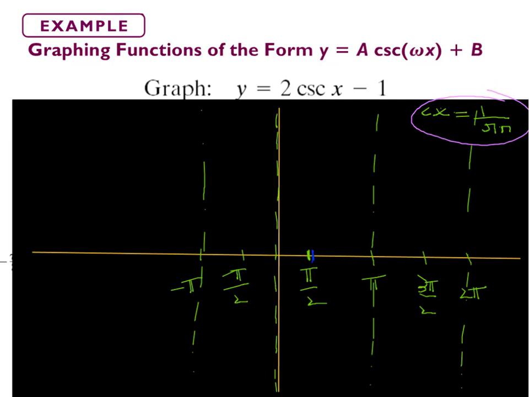So the next thing I want to do is graph the minimum of the positive side of the graph, right? Where is the minimum of the cosecant going to occur? When sine equals 1, you're right. Let me move that over a little.